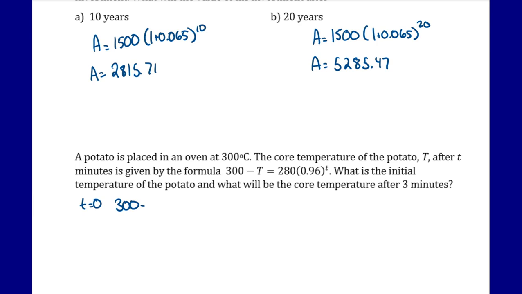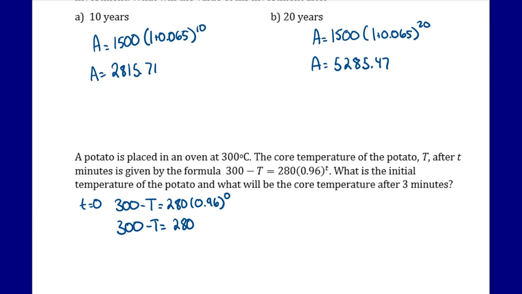So 300 minus capital T for the temperature is equal to 280 times 0.96 to the power of t, which we know is 0. Anything to the power of 0 is 1, so this becomes 280 times 1, or just 280.